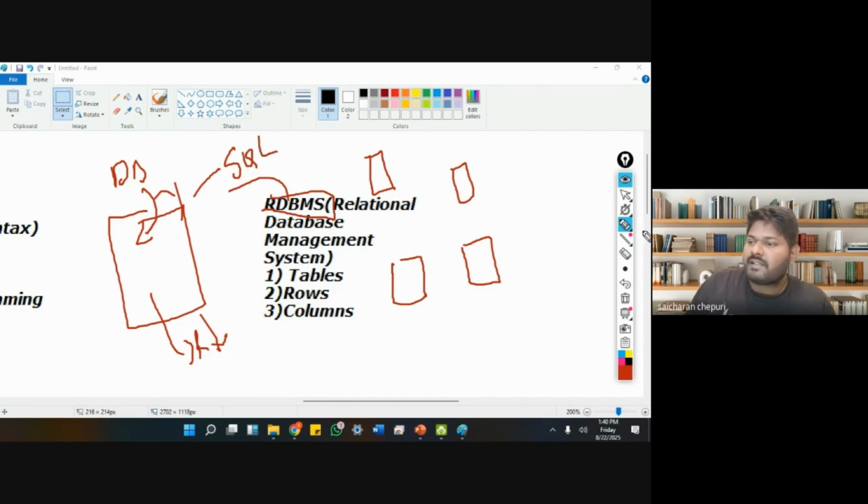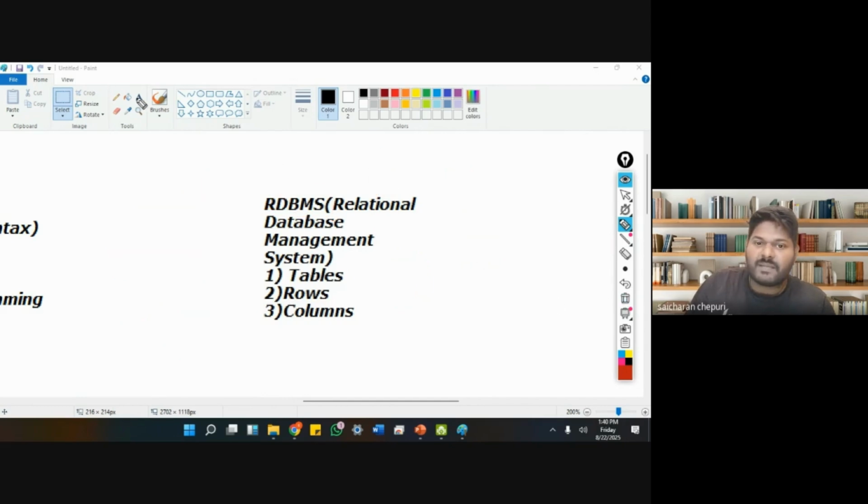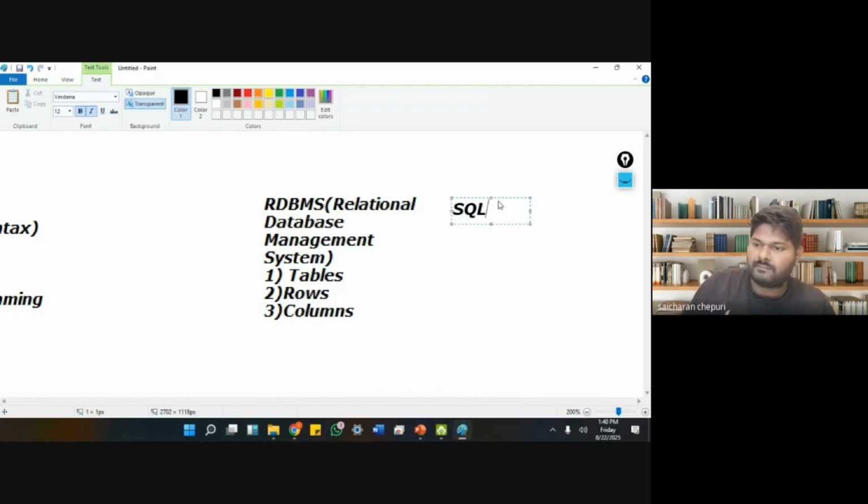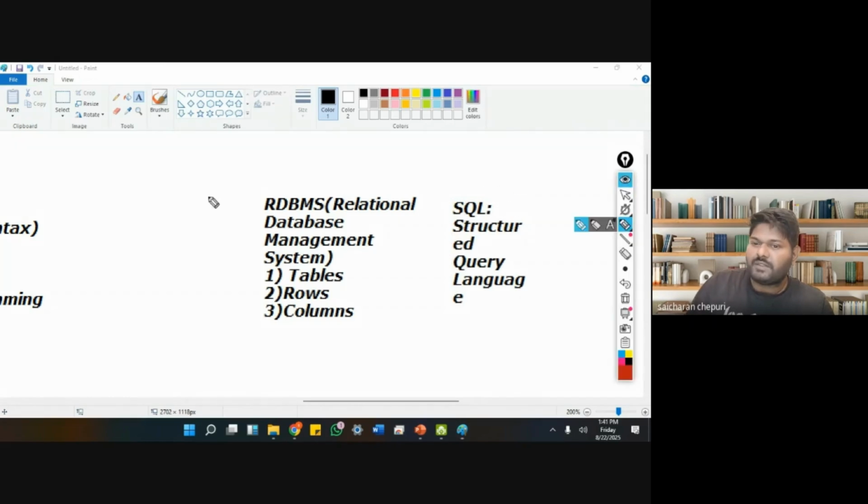So what is SQL? SQL is nothing but Structured Query Language. So what is this language used for? Using RDBMS, we have created a database.